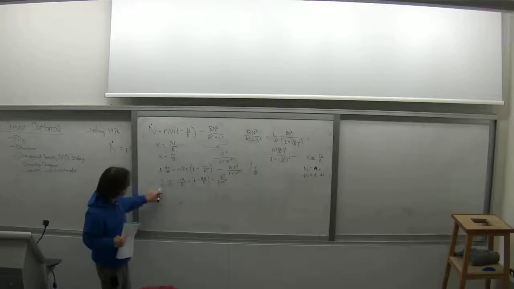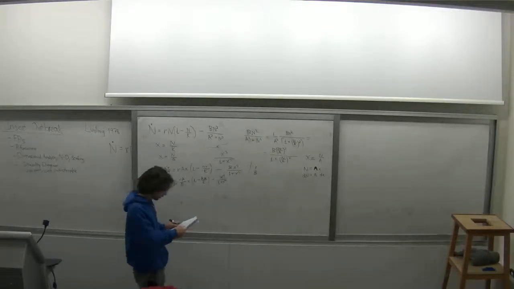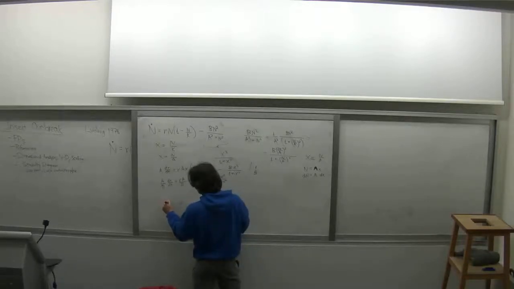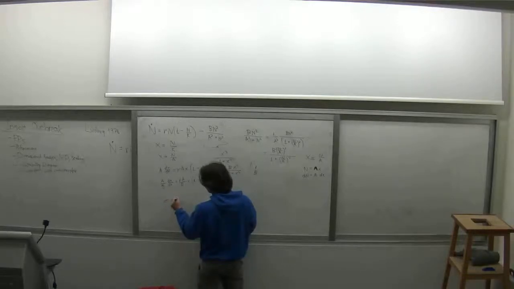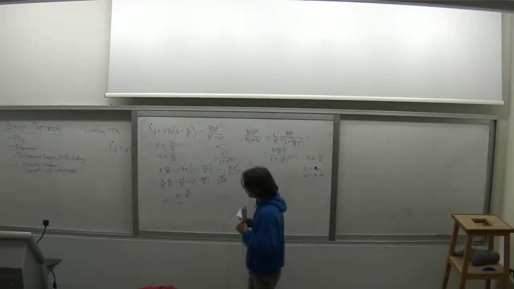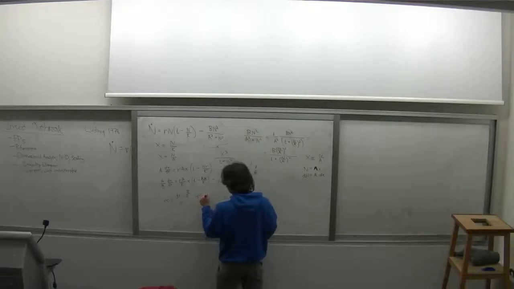So I will choose a new time variable. I would like to have a d tau that will be equal to dt times b over a. And this means that tau should be defined as b over a times t.